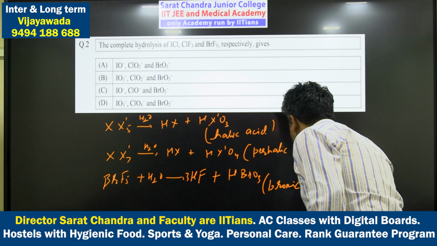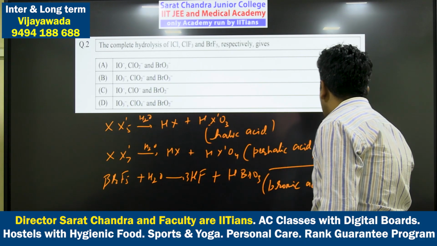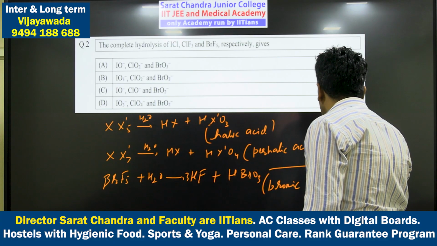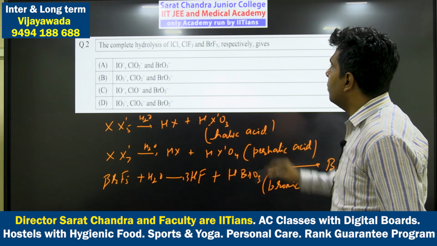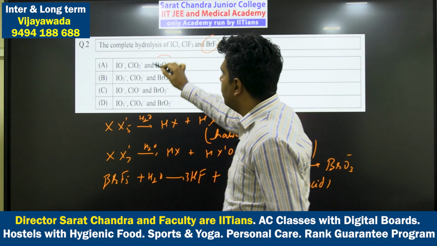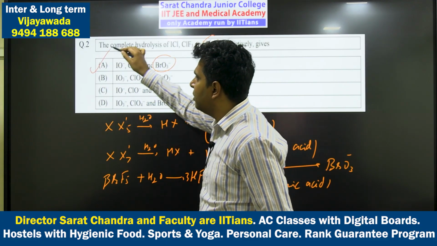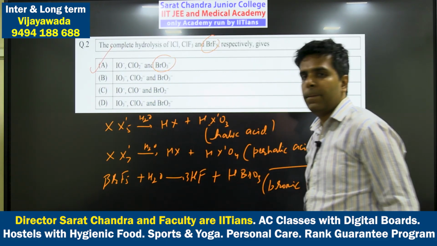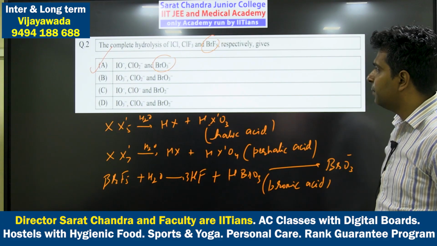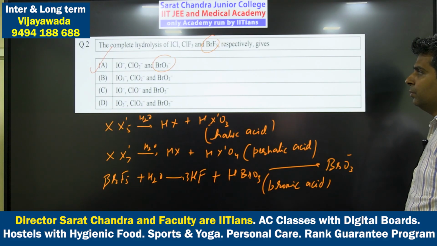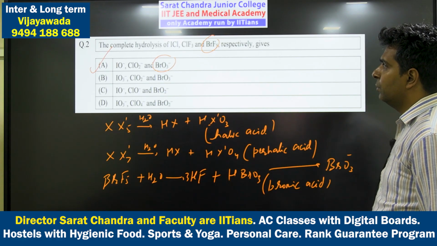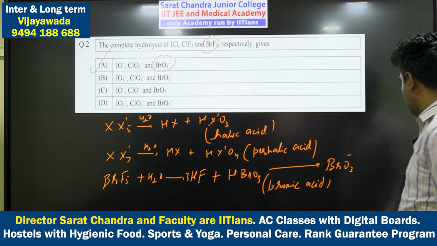So the ion that is coming is BrO3 minus. So for BrF5, the ion is BrO3 minus. So clearly the answer is option A.